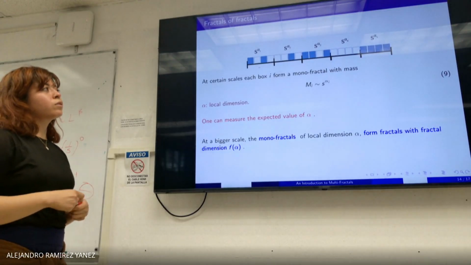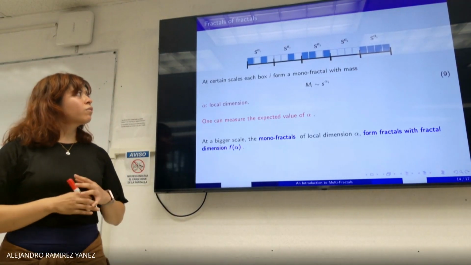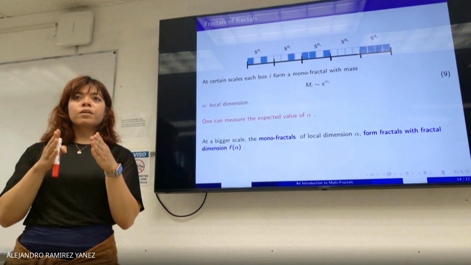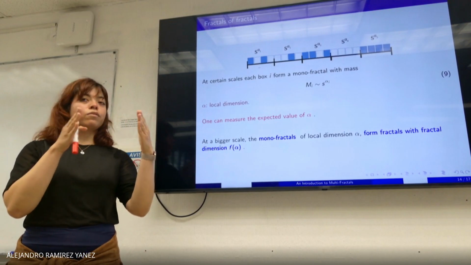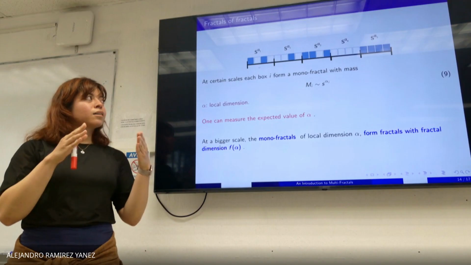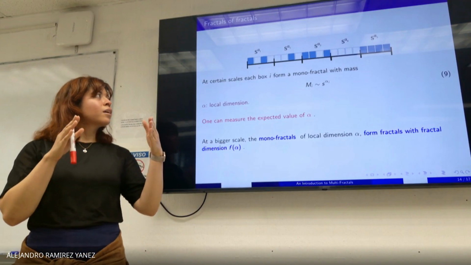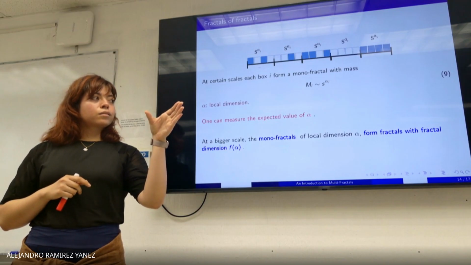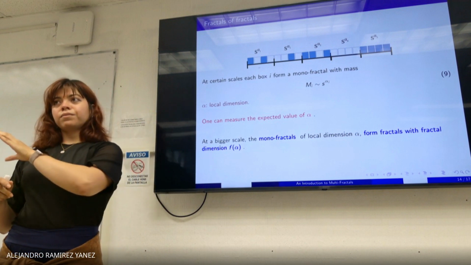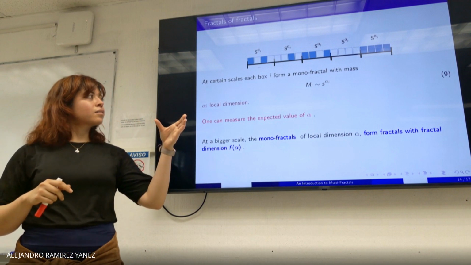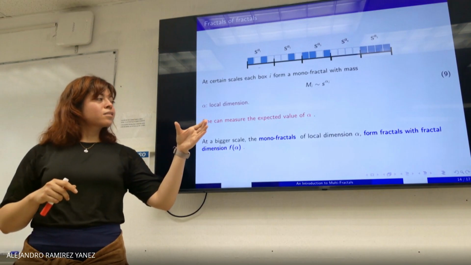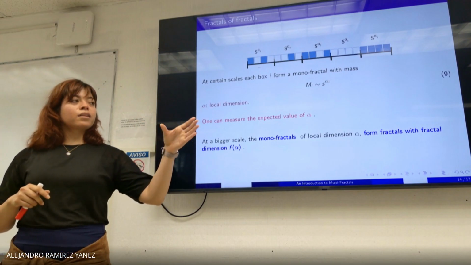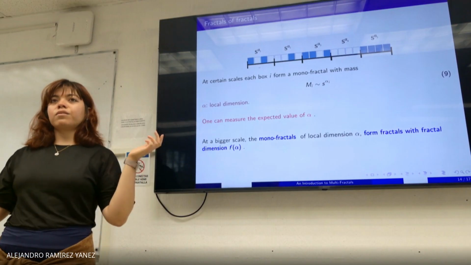Another way of visualizing the fractals, as we saw before, is that you go to a very, very small scale such that you only see monofractals in your lattice. A very ideal small scale. And then you have certain fractals repeated, and this repetition is made in such a way that those repeated fractals create another fractal.